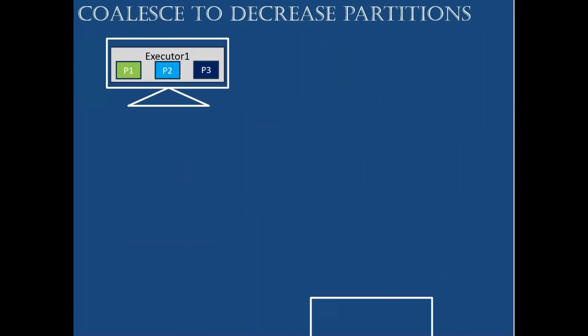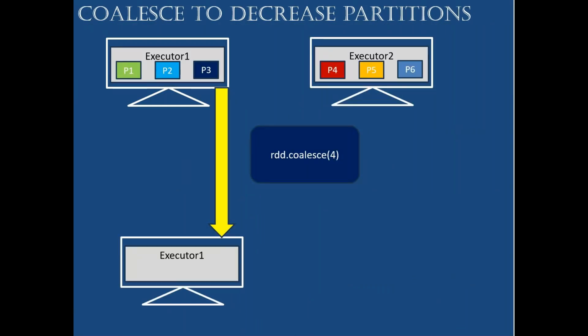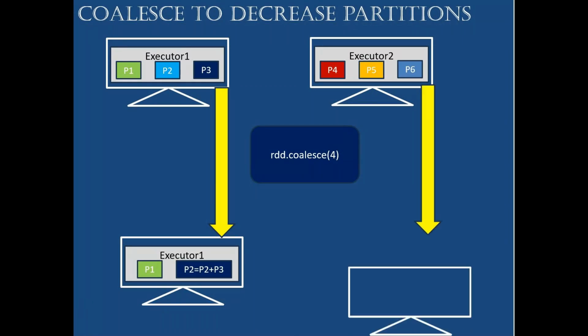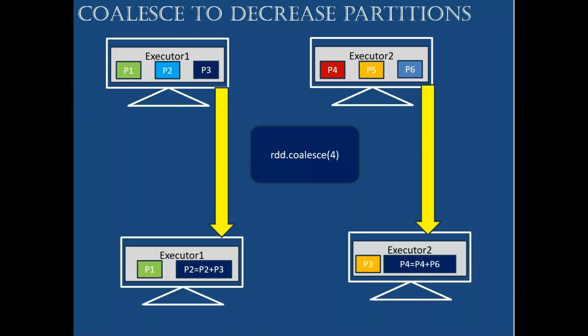Whereas coalesce takes the partitions as they are and combines the extra partitions with the others. Here P3 and P5 combine to create P3, and P4 plus P6 are merged to create the P4 partition. Data movement is very low in coalesce, which is why it is recommended when reducing the number of partitions.